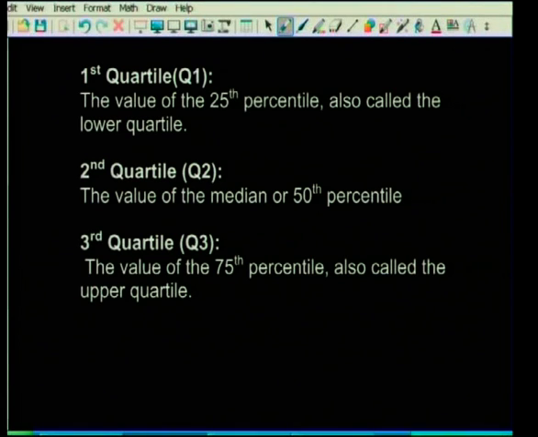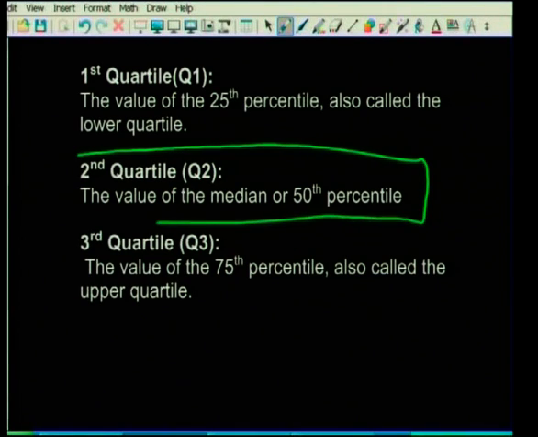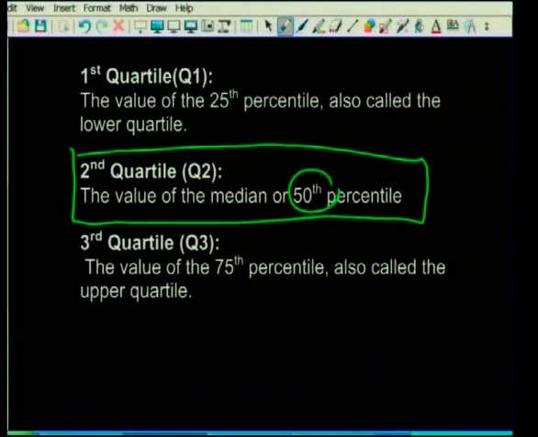So, the value of Q2 is if I take my data set and arrange it from smallest to biggest and get the value slap bang in the middle. If it's an odd number, it's that value; if it's an even number, it will be between 2 values. Now, Q2, halfway between my data set, also corresponds to the 50th percentile. That would make sense.